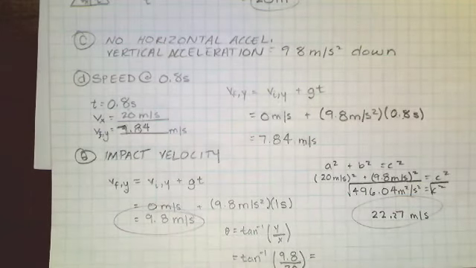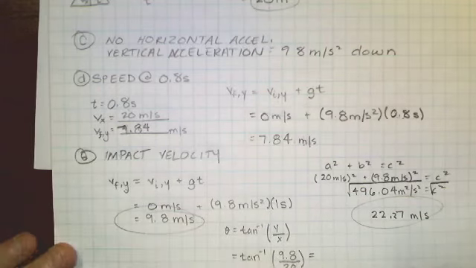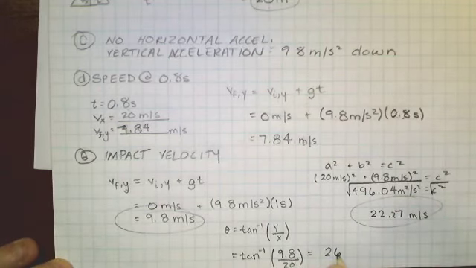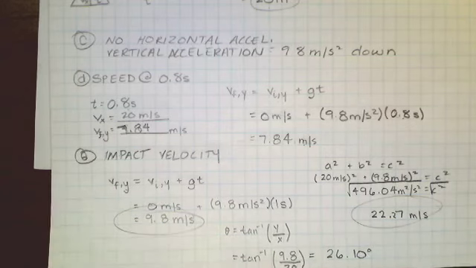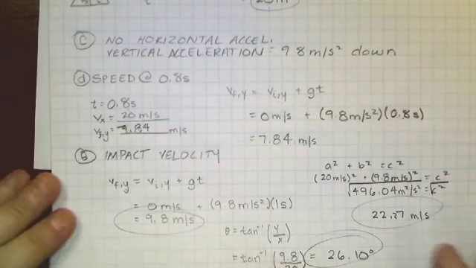So now we can put this in our calculator: 9.8 divided by 20, take the inverse tan of that, and you're going to get 26.0 degrees. And so now you're done, and we've solved an entire horizontal velocity problem.